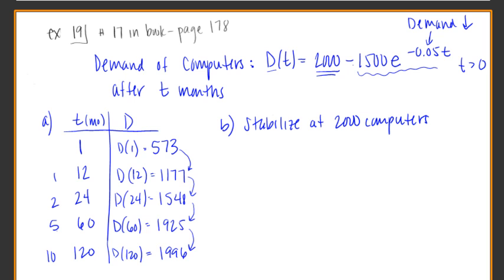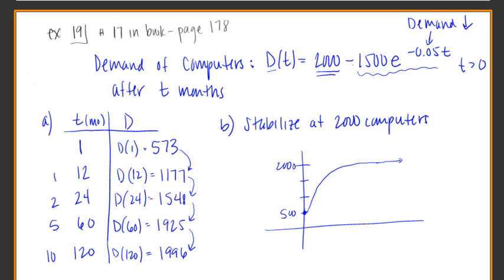Okay, and then if you wanted to see the graph, it's basically going to start at the initial amount, about 500. There's 500, then 1,000, and then here's 2,000. We're going to start right here at about 500 computers initially, and then the graph just kind of curves up and gets pretty flat right around 2,000.